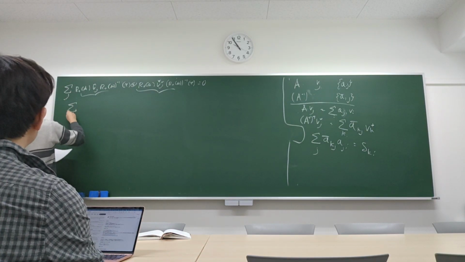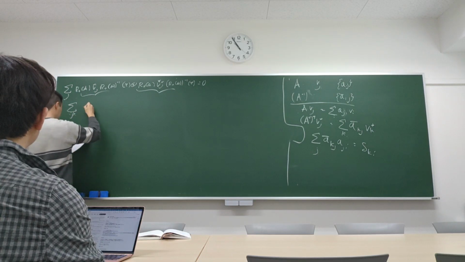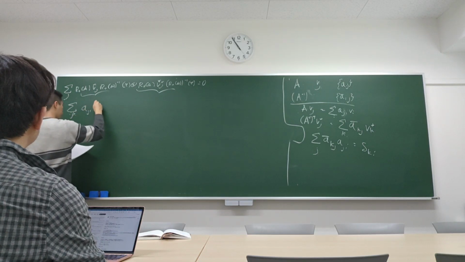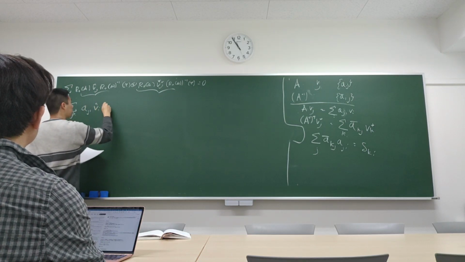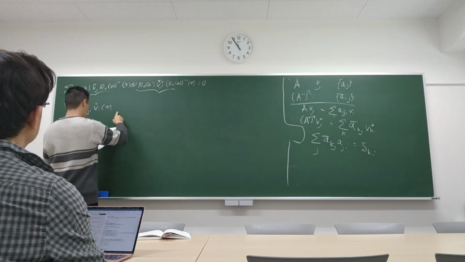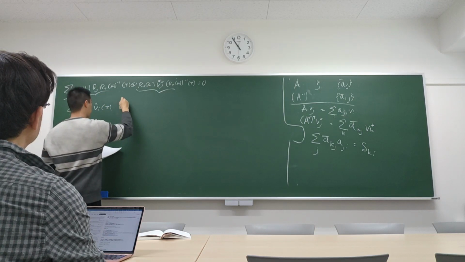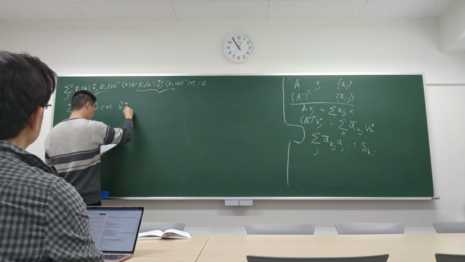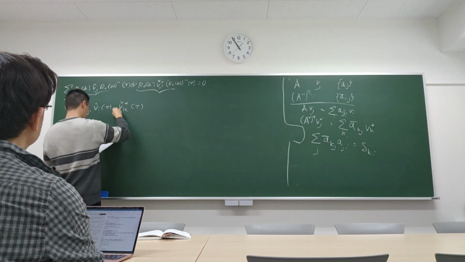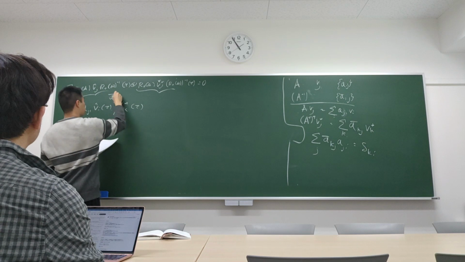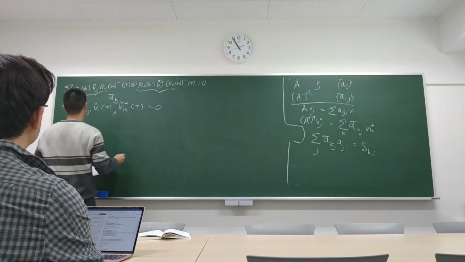So we have a sum over i, j and k of a_bi v_i p and b star, b star k, equals 0.